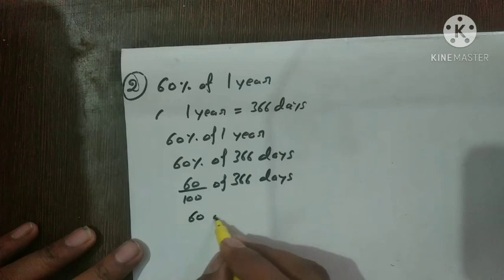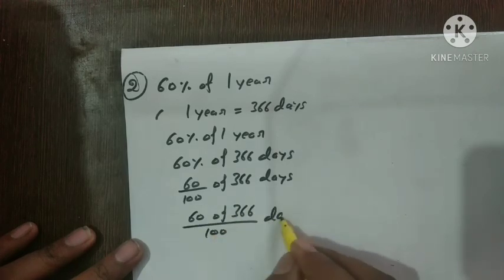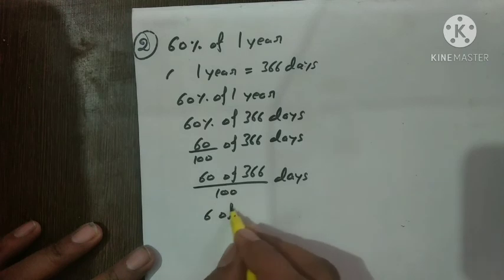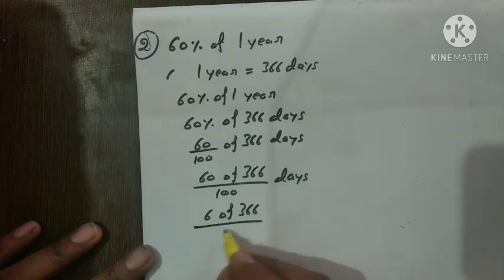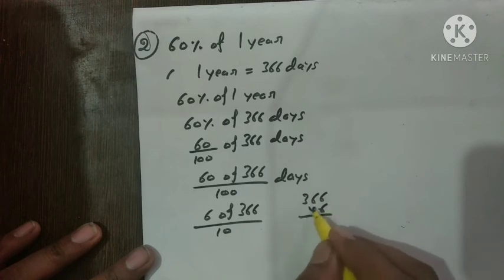Now 60 of 366 over 100 days. Now you see, 6 of 366 over 10. Now I multiply 366 by 6.